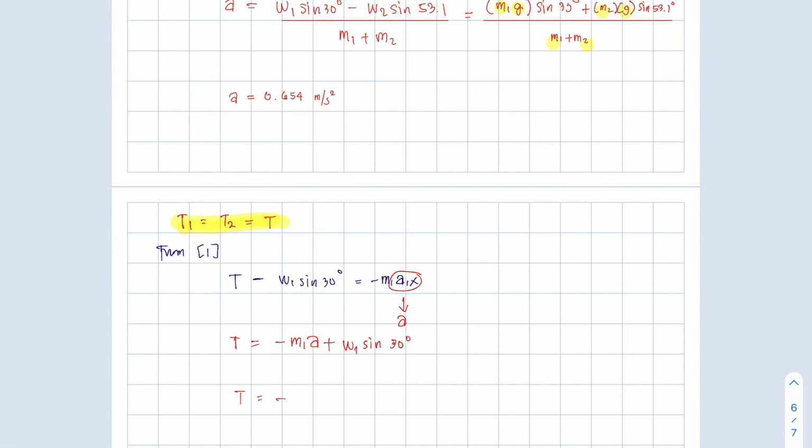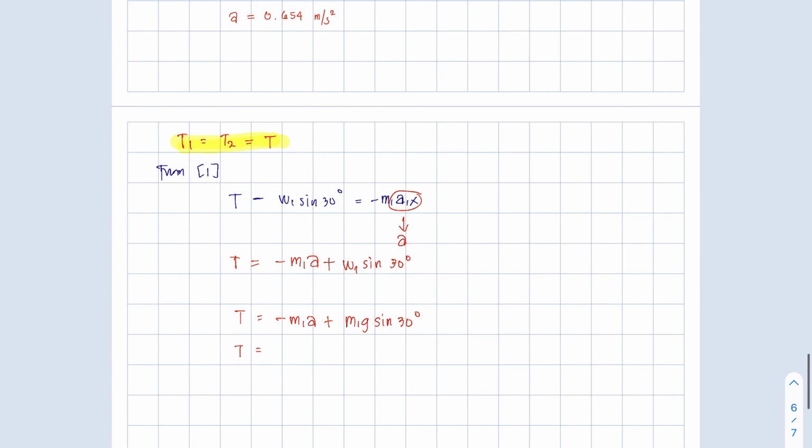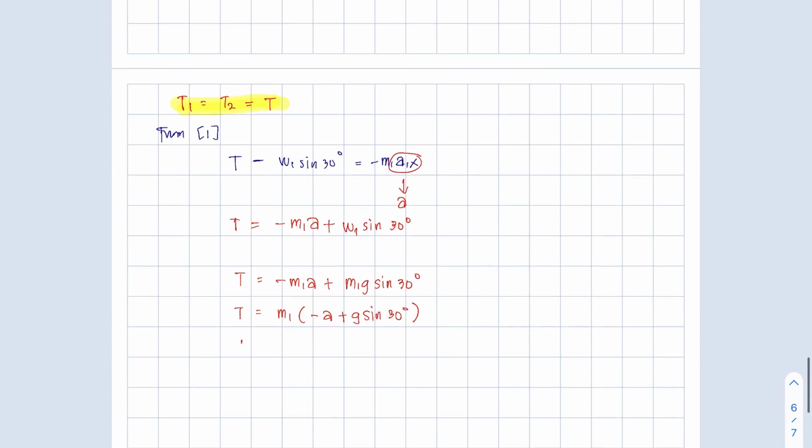So if I'm going to expand this, I have negative M1A plus M1G sine of 30 degrees. Tapos if I'm going to factor out yung M1, I will get negative A plus G sine of 30 degrees. So, eto na, I'm just going to plug in the values.